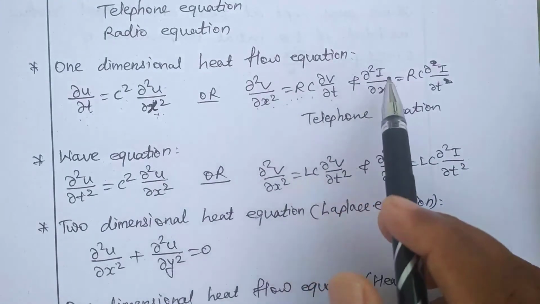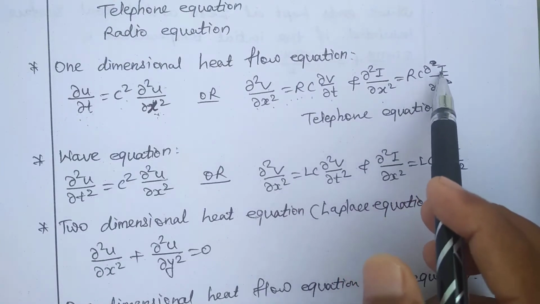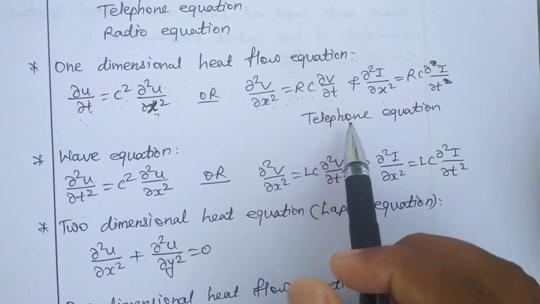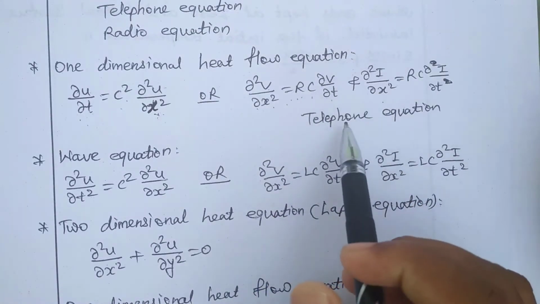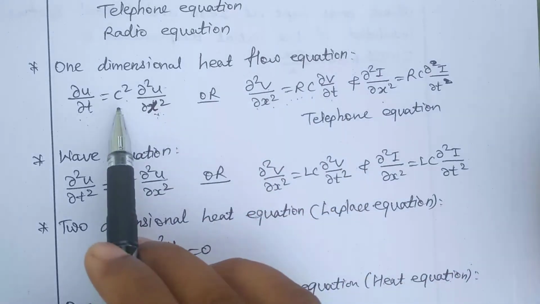And for current we can write ∂²i/∂x² = RC ∂i/∂t. These two equations are called the telephone equations. The telephone equation is not a new concept; it is a particular case of this one dimensional heat equation.